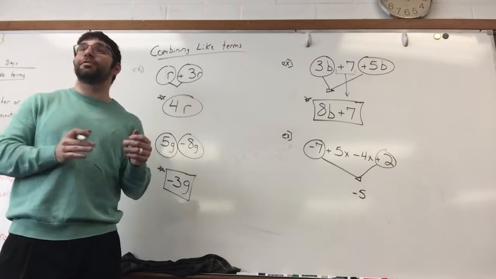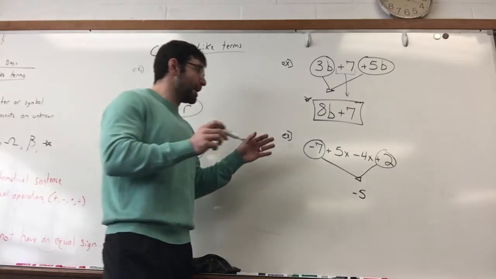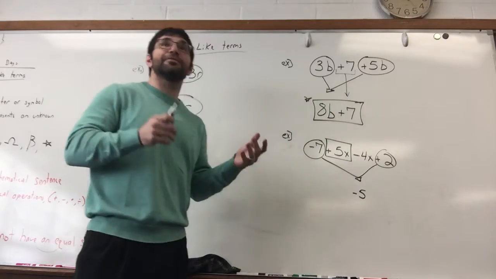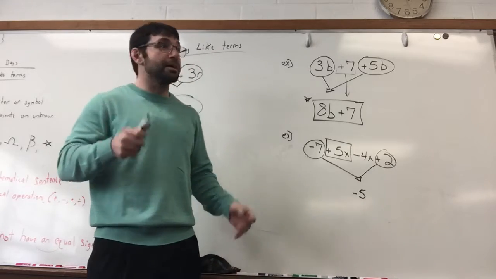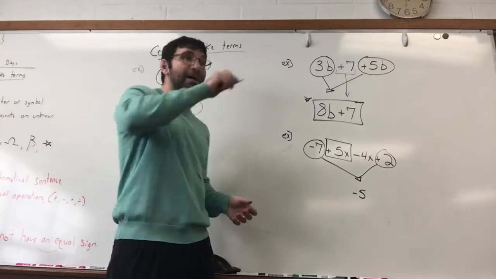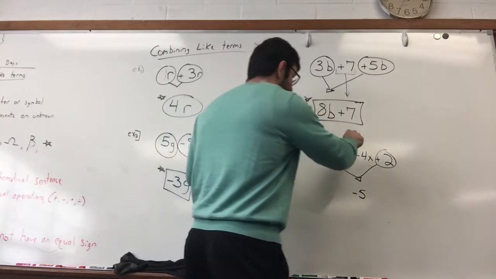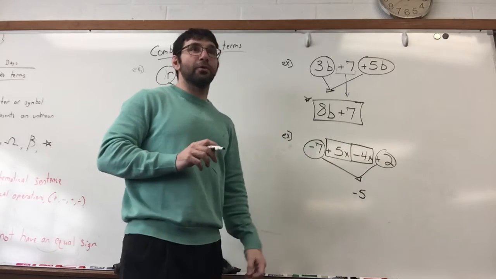Now, we want the variable first. Anytime that we put these, I want you to have the variable out in front. So now we have positive 5 X-Men, which I'm going to do in a different type of grouping. So I circled these, I'm going to box them. If you've got different colors, use different colors. If you want to underline, hey, whatever works for you, but I like to know where my signs are. So now I have 5 X-Men minus 4 X-Men.